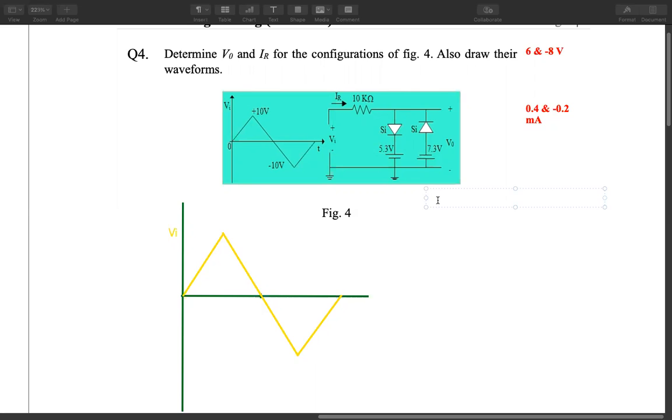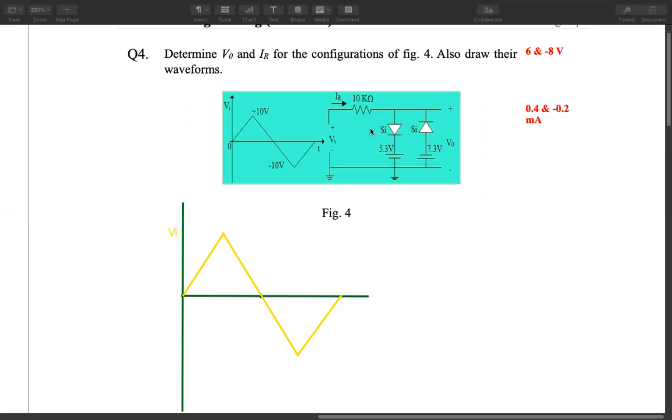Okay, now let's see this question where we have two diodes and two external DC power supplies, one triangular input waveform, and we have to draw the output waveform. So same thing, first you draw two conditions that will decide the biasing region for both of the diodes. So let's consider this as our diode 1.